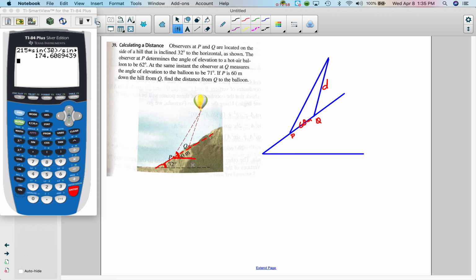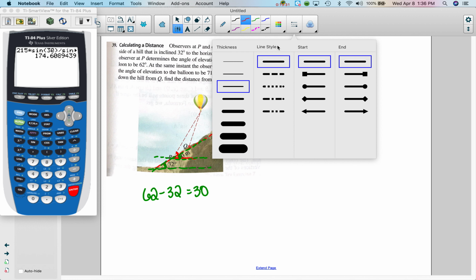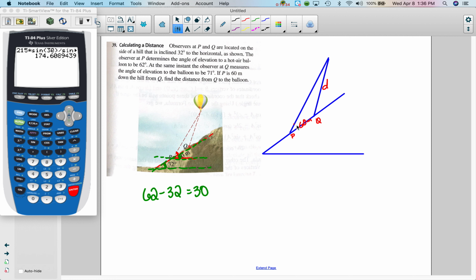From geometry, I want you to remember that if you have parallel lines cut by a transversal, then the corresponding angles are congruent. So this little piece here is 32 and this little piece here is 32. So if we take the 62, which was the whole thing, and subtract out the 32, we get 30, and that's the part that would be right here.